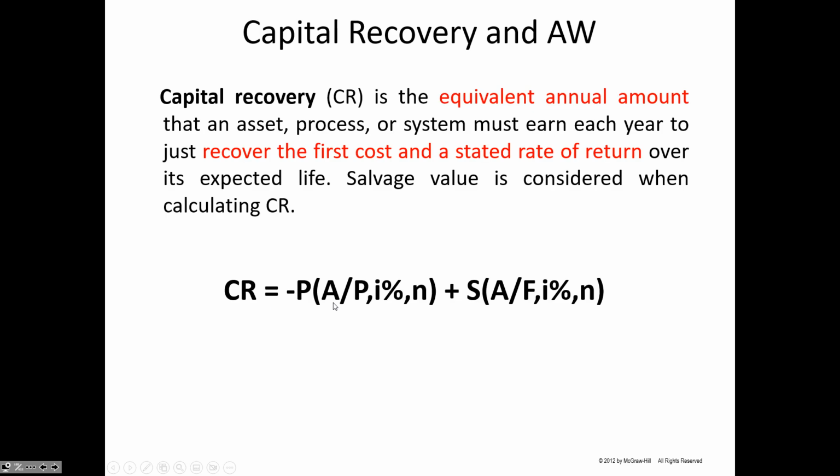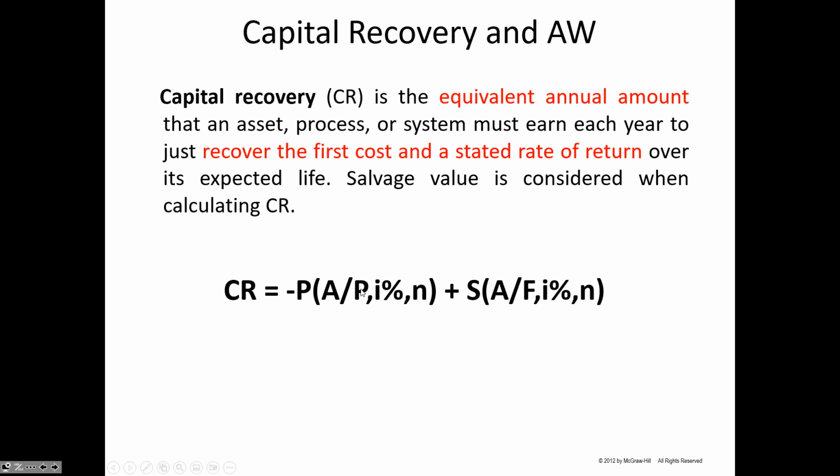So if we look at it as an equation, the capital recovery, the present value amount, which is the initial purchase price, you have to convert it to an annual series using the find A given P factor. Remember, inside the parentheses here is our standard notation for what we're solving for and what is known.